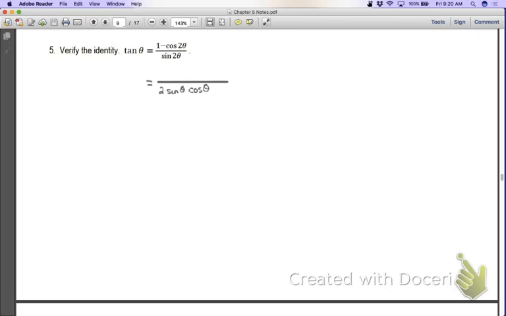I have 3. The first one is cosine squared x minus sine squared x. The other option is 2 times cosine squared x minus 1, and then 1 minus 2 sine squared x.